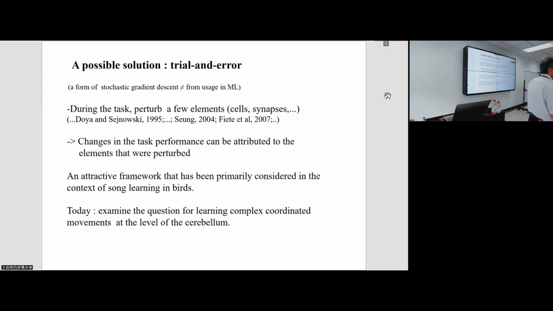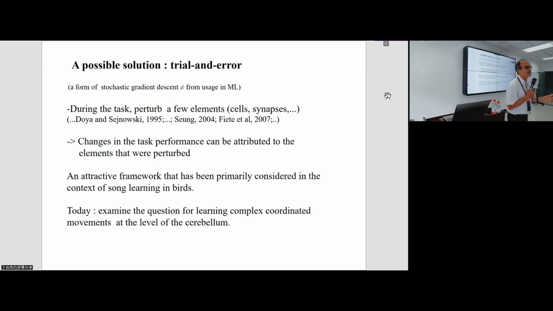If the task is improved, and say this unit has fired a bit more than usual, then you would do potentiation of their excitatory synapse because you have gone in the right direction.